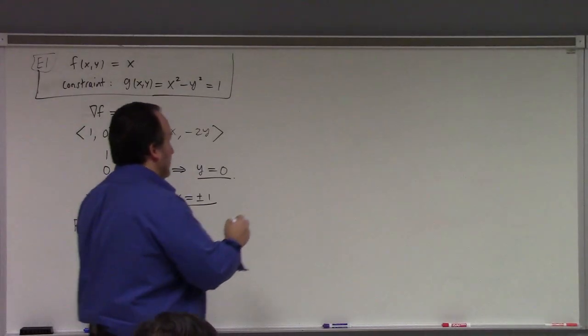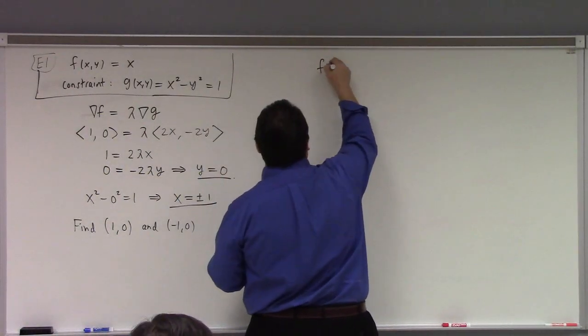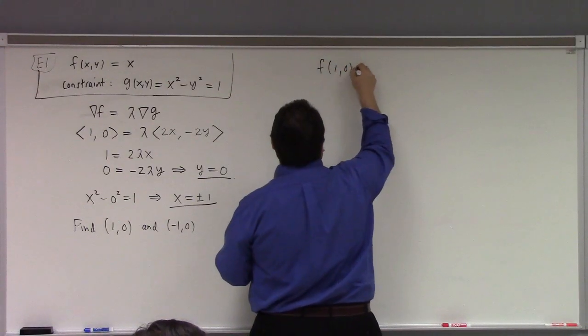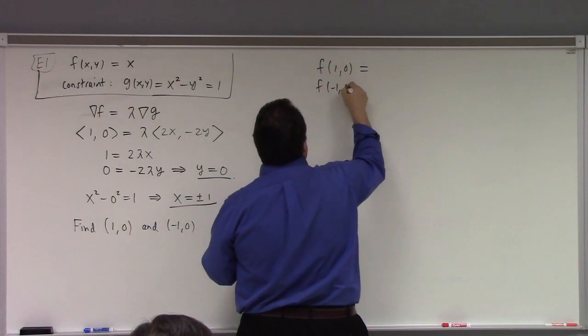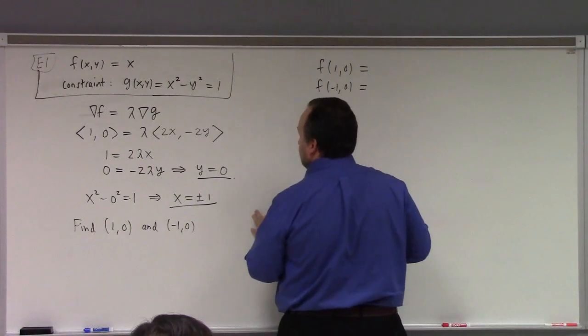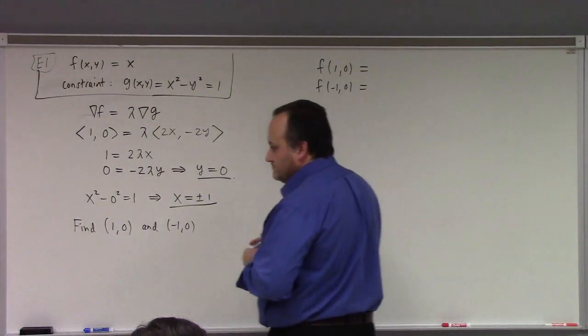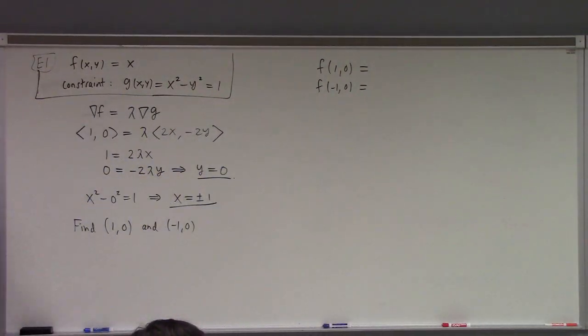Great. So then check it out, right? f of 1, 0, what's that equal to? f of minus 1, 0, what's that equal to? 1 and minus 1.